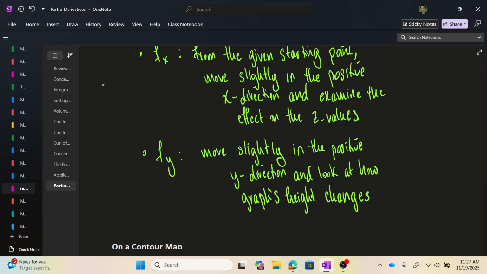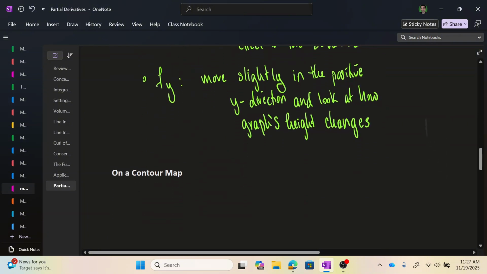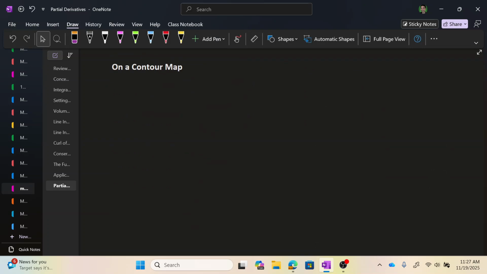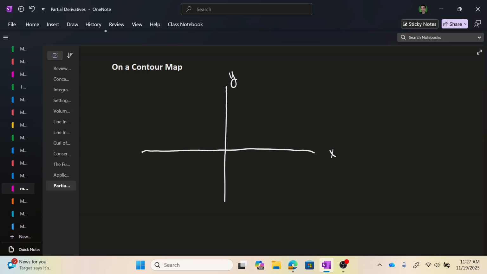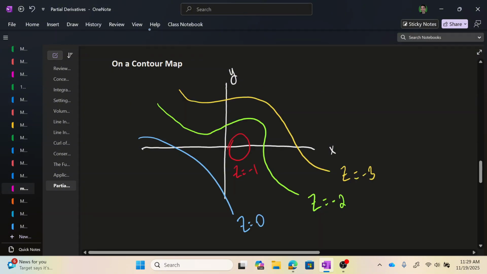Let's also examine this idea in the contour map, which we remember is a two-dimensional representation of a three-dimensional surface. Written in the xy plane, and the heights of the different points on the graph will be communicated by using labels on level curves and elevation curves in the graph. So let's suppose this image describes the contour map for our function.